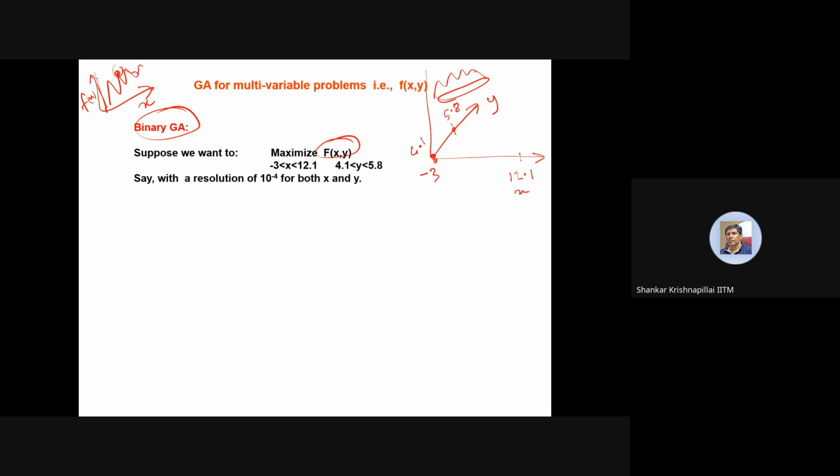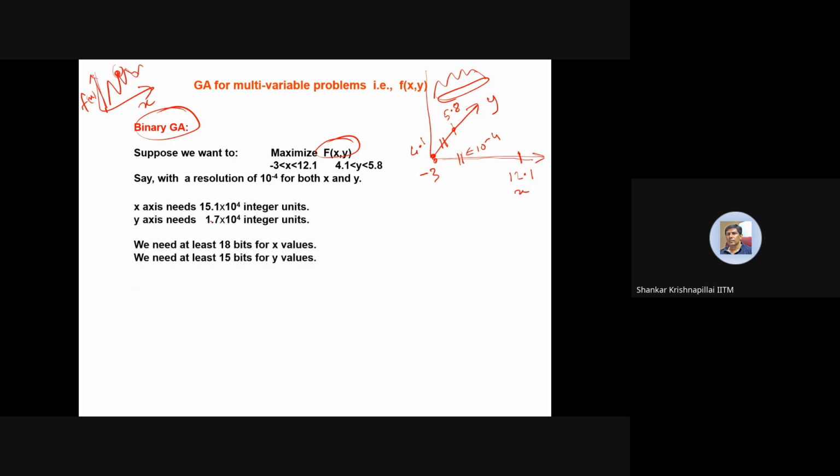The Y range is very small in this problem, but X range is very large. Okay, and we want a resolution of 10 raised to -4 for both X and Y. Okay, so both X and Y, the resolution is 10 raised to -4.